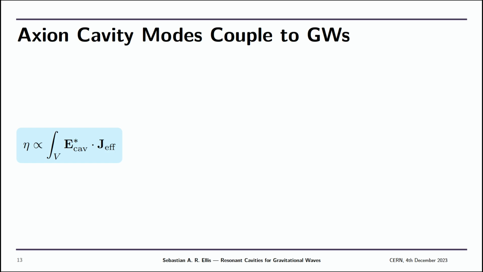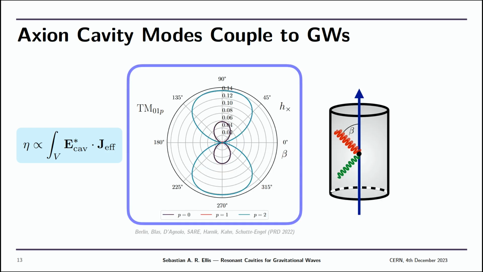And the answer is, fortunately for those of you who are running axion haloscopes, that axion haloscopes looking in the TM010 mode, or in some cases maybe some TM020, but in any case it doesn't really matter, the TM010 mode does have sensitivity to a gravitational wave as long as it's not coming straight up the bore of the cavity.